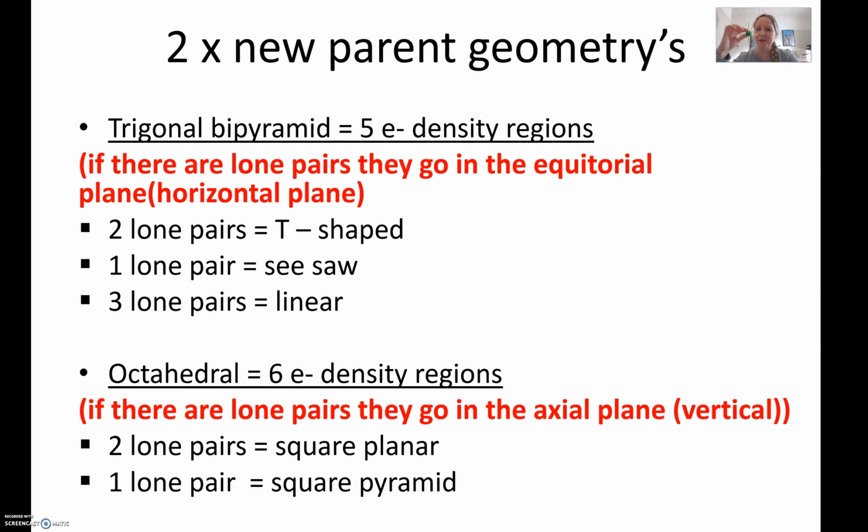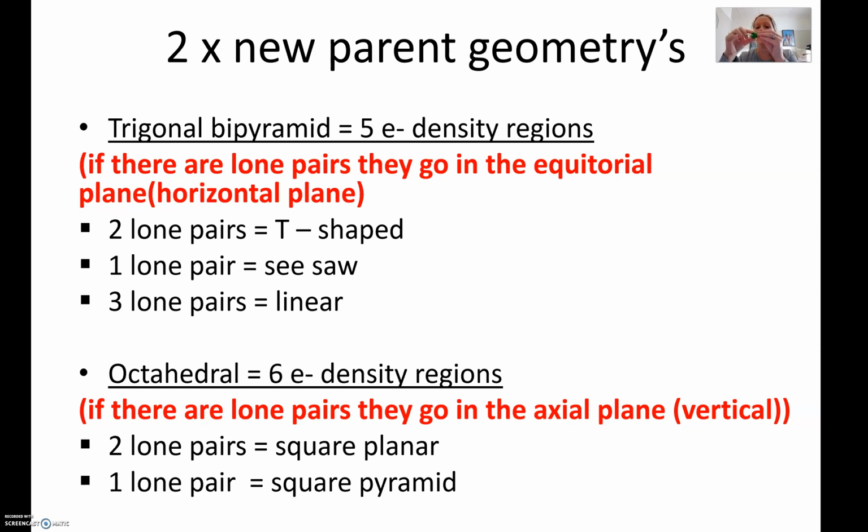So the first thing that we're going to do is lose 1 lone pair. So if we've got 5 electron density regions and one of them is a lone pair, we're going to lose it from this middle plane, always equatorial.